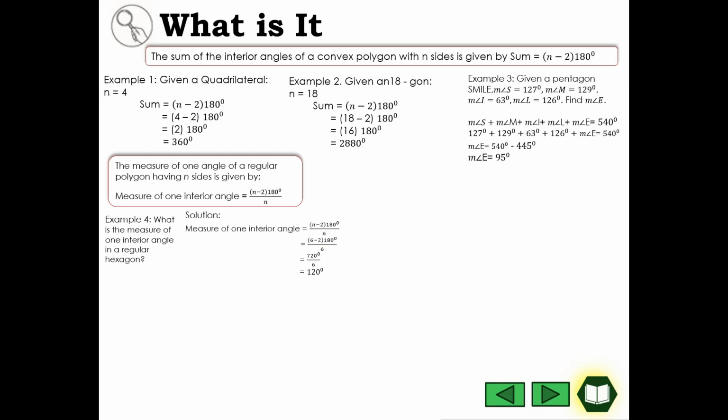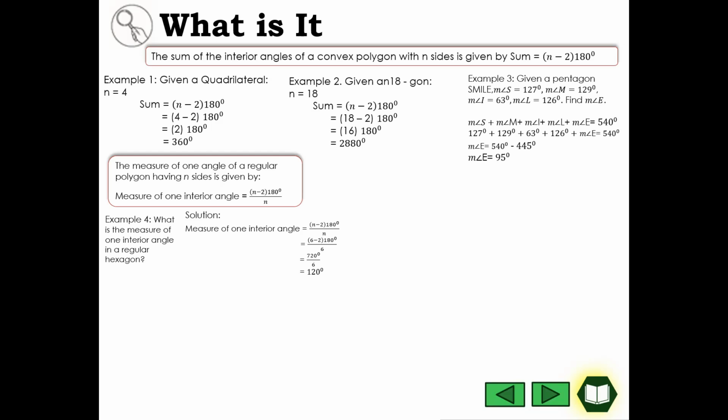So we just need to substitute 6 to n. We will have measure of one interior angle is equal to quantity n minus 2 times 180 over all n. We will replace n by 6. So we will have quantity 6 minus 2 times 180 divided by 6.